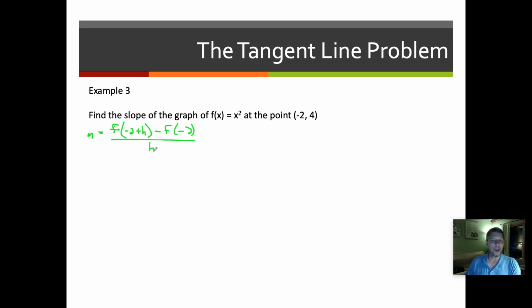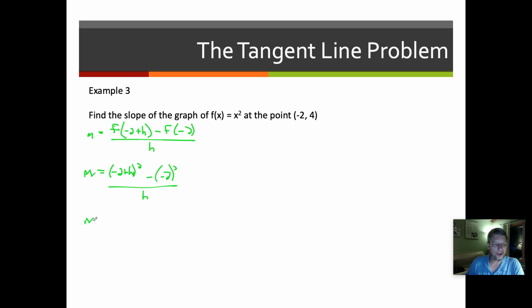Now, since f of x is equal to x squared, the slope is going to be (-2 plus h) quantity squared minus (-2) quantity squared over h.